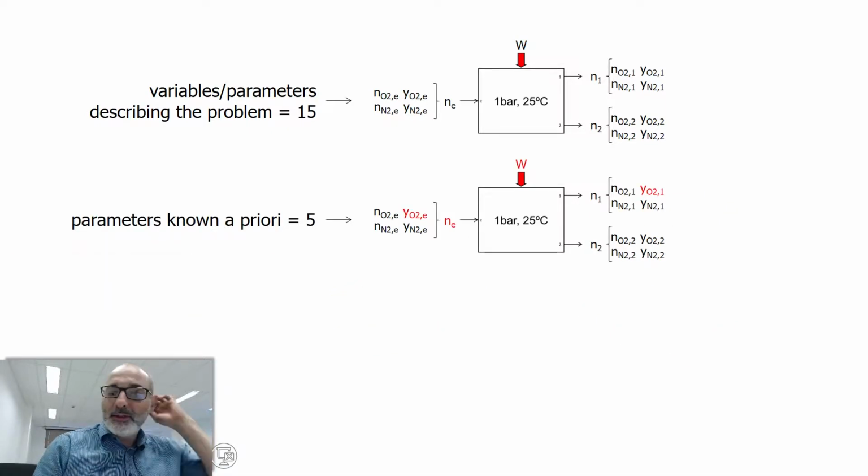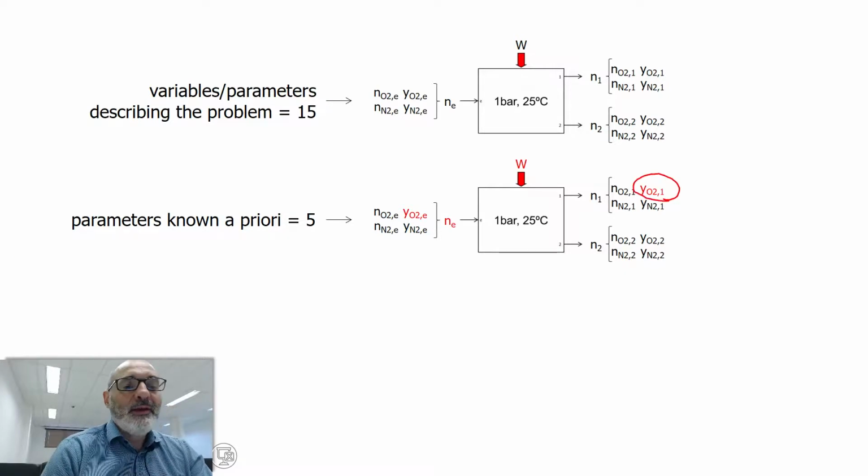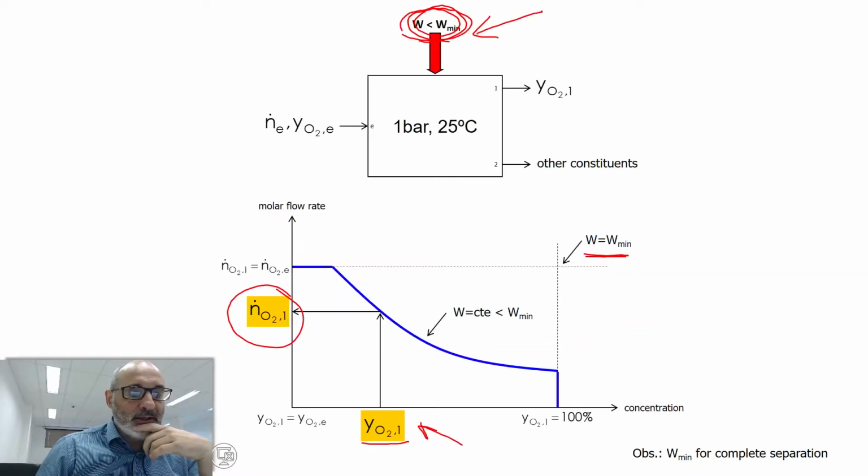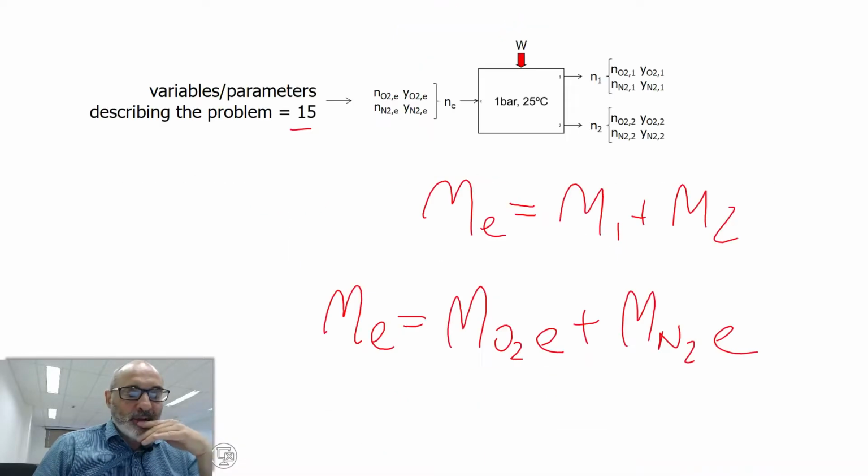Now, I said that we're fixing the oxygen concentration. I'm going back 2 or 3 slides. We're going to fix this number because it is a design decision: 99% of oxygen at exit 1, okay? So we fix this.